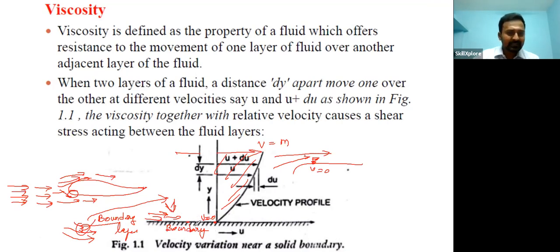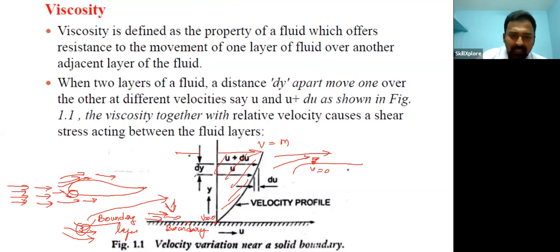So what is exactly happening here? Due to the viscosity of the fluid, that is, viscosity means shear resistance of the fluid, there will be a difference. If the fluid is highly viscous, then this gradient will also vary with respect to that.